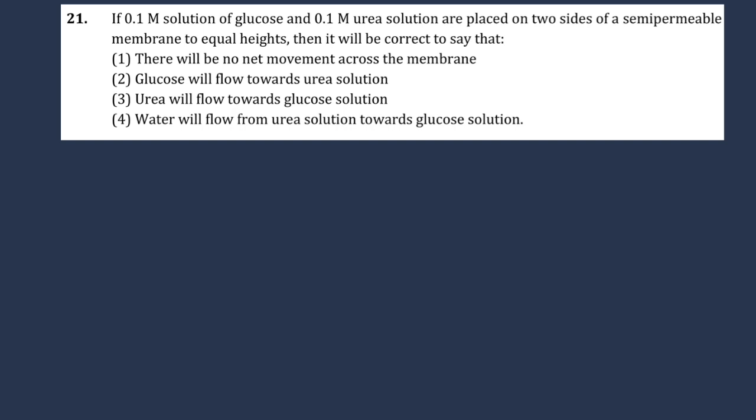Next question. If 0.1 molarity solution of glucose and 0.1 m urea solution are placed in two sides of the semi-permeable membrane to equal height, then it will be correct to say that, then we have, this is called one beaker, here this is called semi-permeable membrane. Then here 0.1 m urea, 0.1 m glucose.